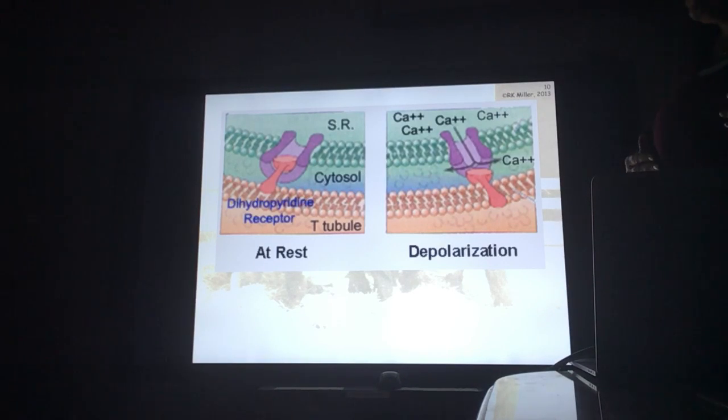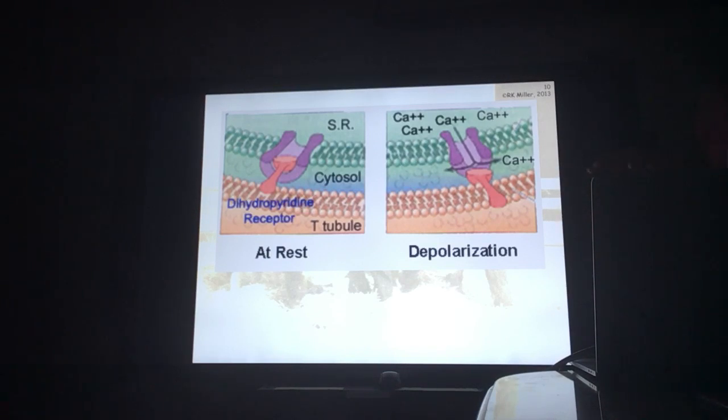And remember that the sarcolemma is sitting there, and as this action potential goes down and around the sarcolemma, when it reaches a T tubule, it goes down into the T tubule.